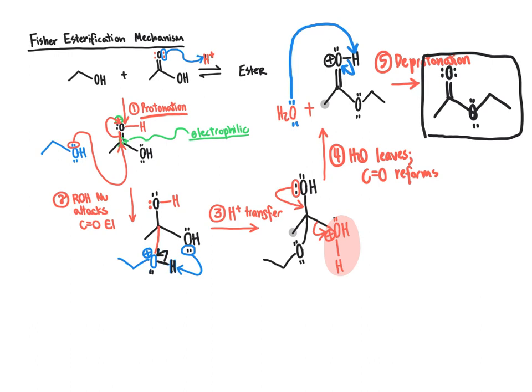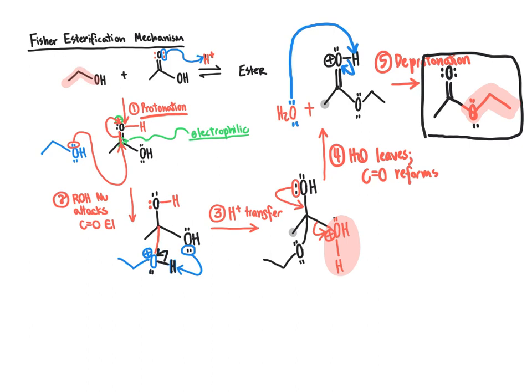So what you will notice if we take a look at this mechanism, or any mechanism for Fischer esterification, is that you will observe that the O-alkyl group matches the structure of the alcohol. So the structure of the alcohol here, if we're trying to decipher the relationship between the reactants and product, the O-alkyl group here matches up with the O-alkyl group of the ester in the final product.